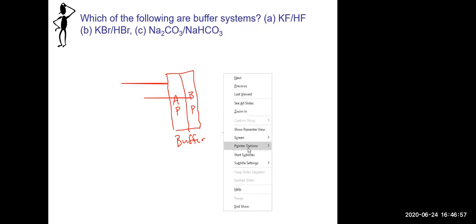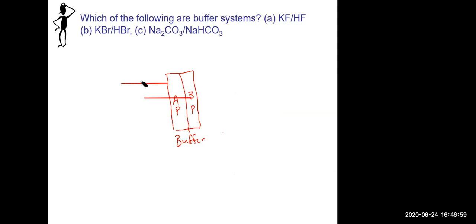So if we have a buffer, and again, I'll go AP for acid part and BP for base part. In a buffer, we have this acid part, and we have this base part that is in the buffer to begin with. A lot of times when you make a buffer, you want those to be sort of equal in concentration, which is why they're drawn equally.